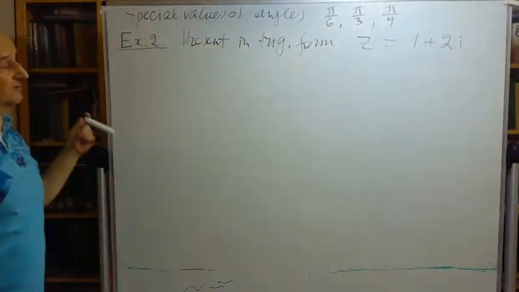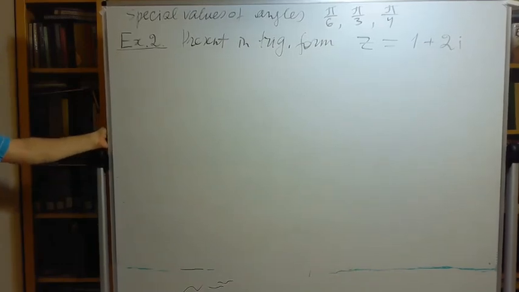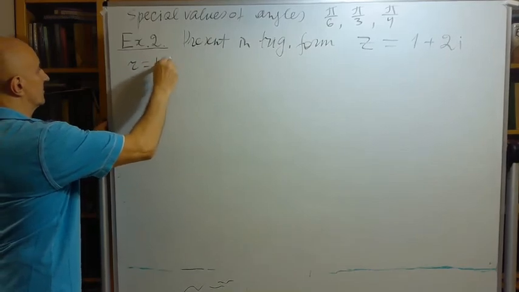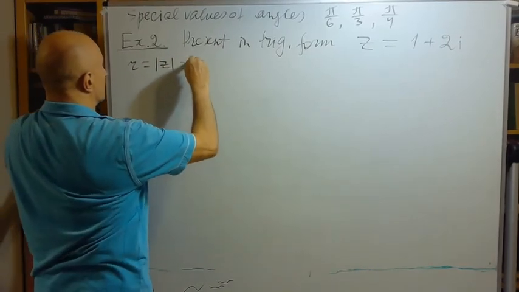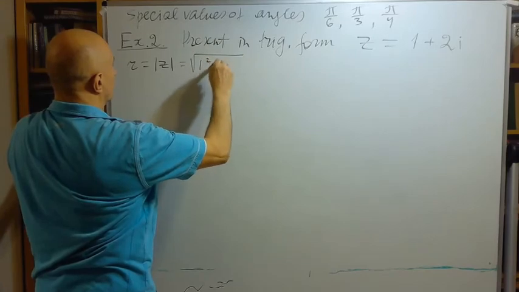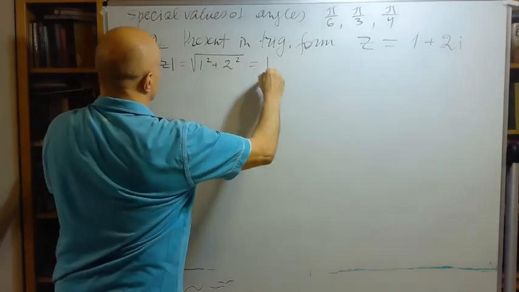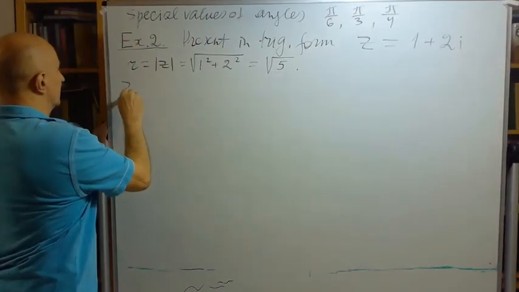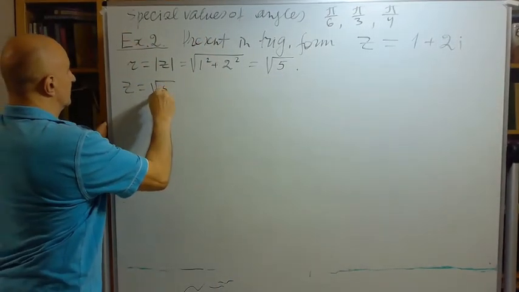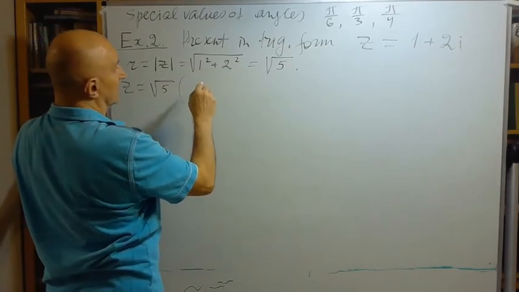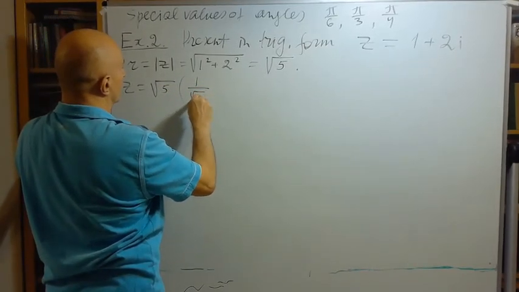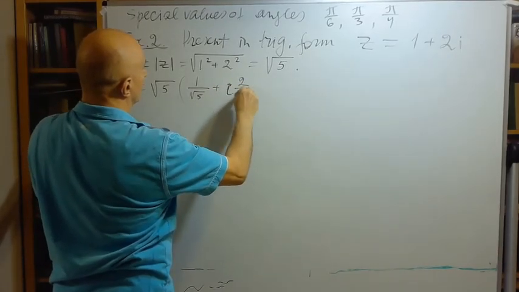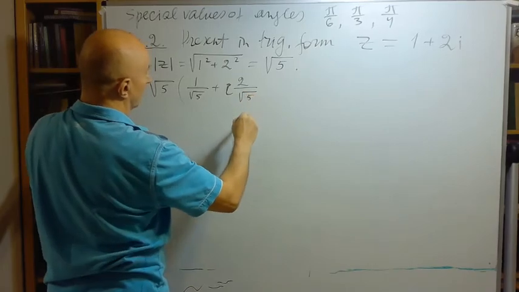What will you do with this one? You do the same thing. You calculate r, or modulus z, equals square root of 1 squared plus 2 squared, so it will be root of 5. Then you will write z equals root of 5, and it will be 1 over root of 5 plus i 2 over root of 5.